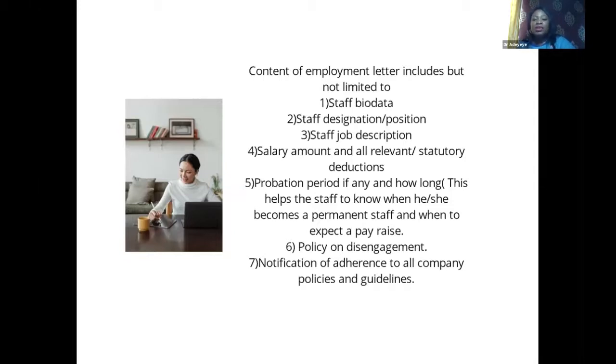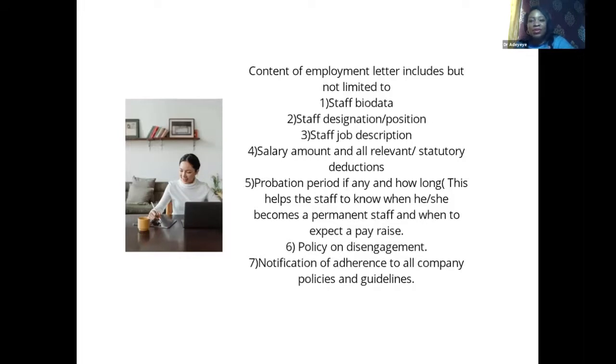Then number two, you have to write the designation and position in that letter. So if you are hiring someone who is going to be working for you as maybe a front desk officer, you have to write it there, front desk officer. Don't let it be ambiguous.